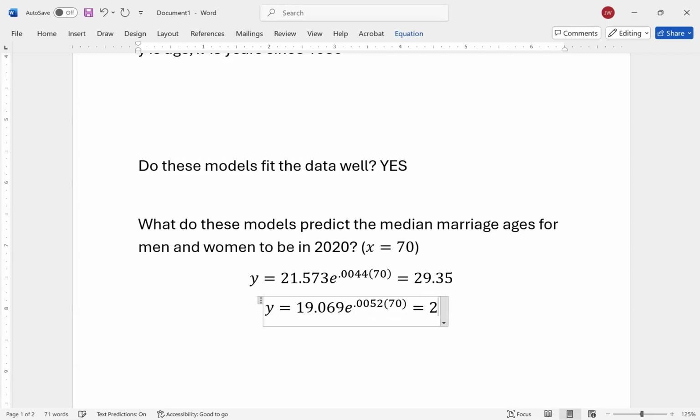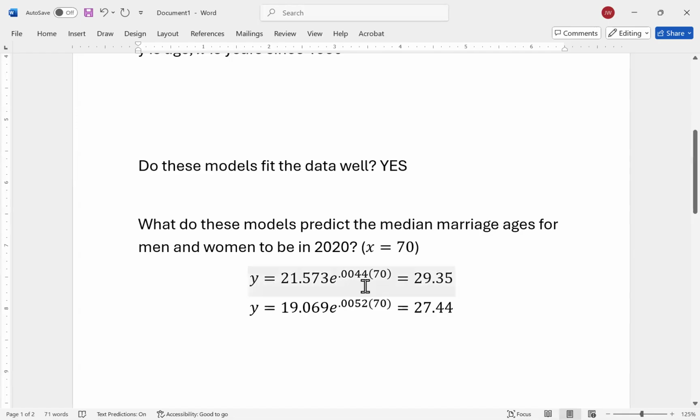And that's 27.44. So that's what this model predicts anyway. This model predicts the median age for marriages for men and women in 2020. For men, it predicts the median age for first marriages to be 29.35 years. And for women, it's 27.44 years.